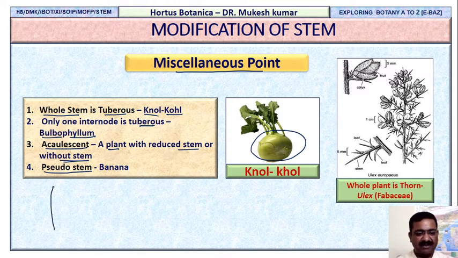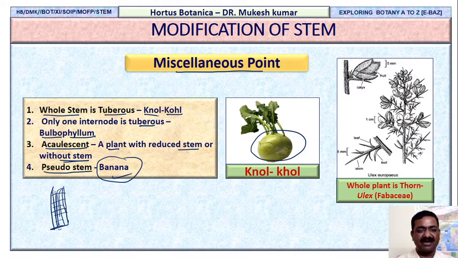Remember, in the case of banana, you say this is the stem, but no, a number of leafy structures are there. So it is supposed to be the false stem, as in the case of banana. So pseudostem, banana. Acaulescent means a reduced or no stem plant, and the whole stem is tuberous in the case of knol-khol, right?